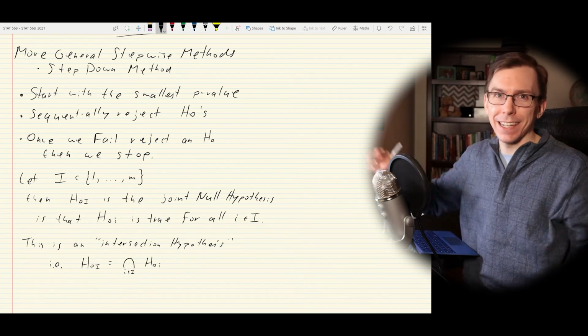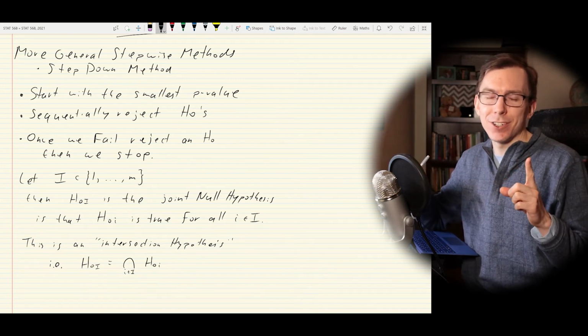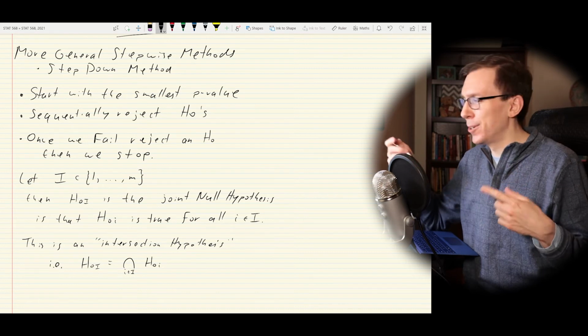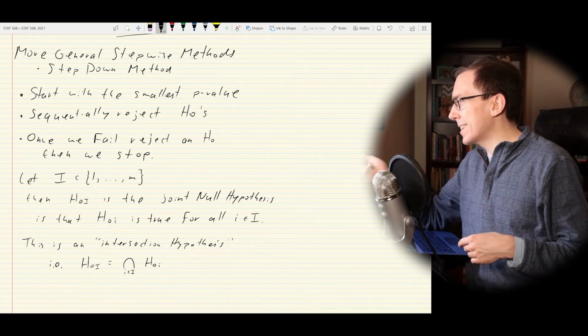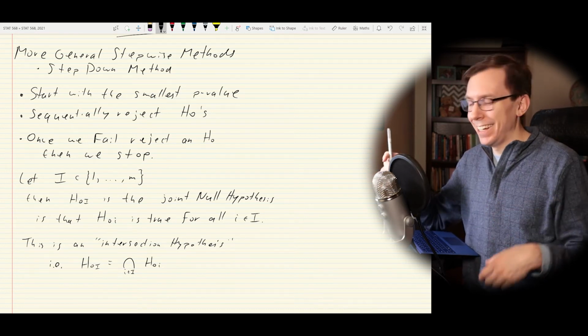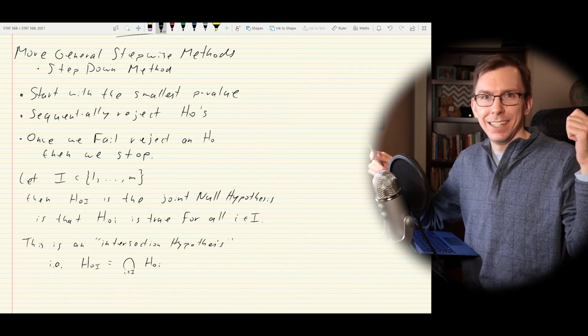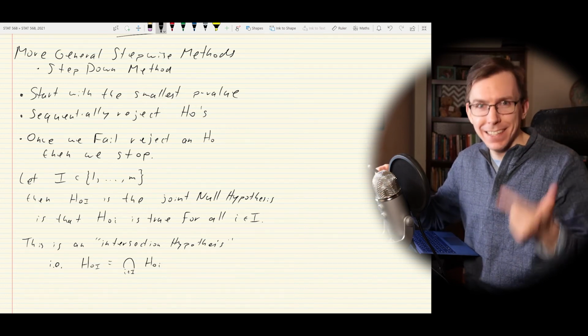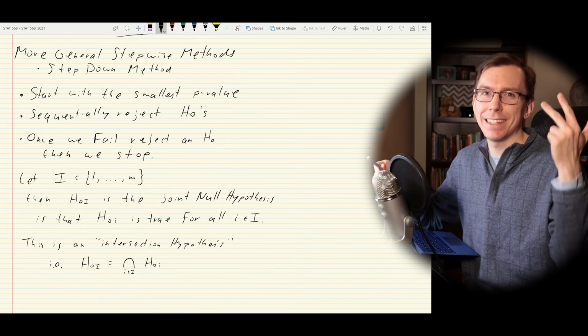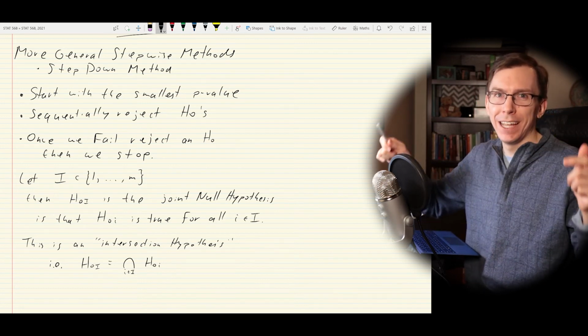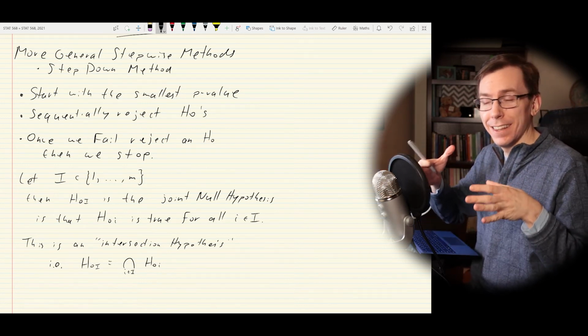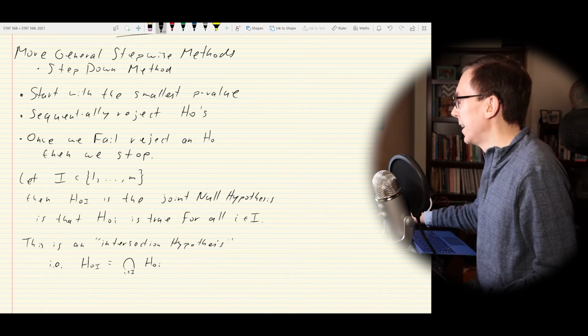Intersection means everything has to hold. Union means just one of the things has to hold. So whenever you see an intersection, it's an and. This hypothesis and this hypothesis and this hypothesis all have to be true if they're in this joint null.